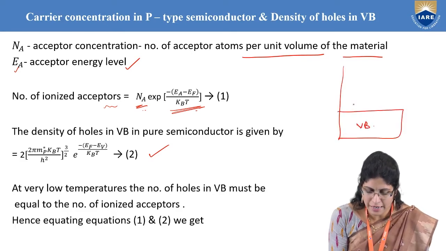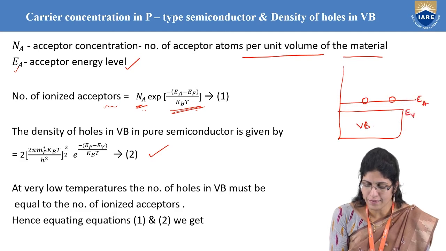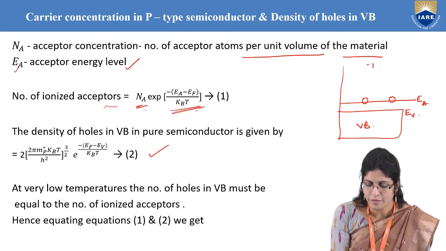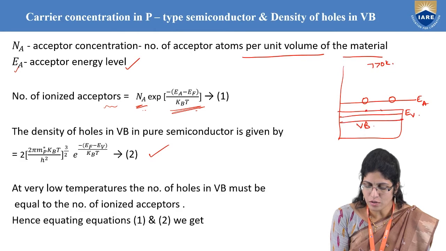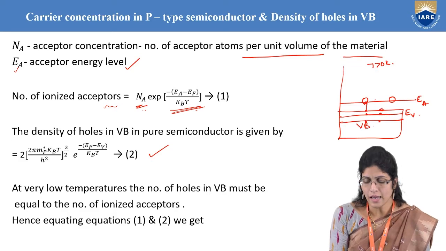This is the valence band, and the acceptor atoms are sitting here. Let me name it Ea, and this is Ev. If I raise the temperature, the valence band has electrons. What will happen? The valence electrons will be attracted or received by Ea, which is boron.